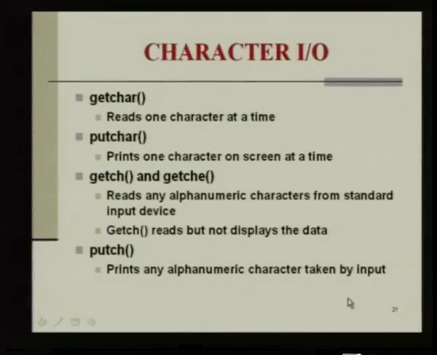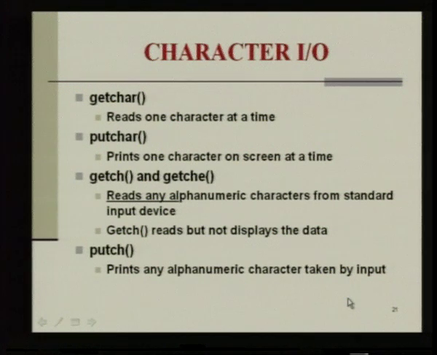Next you have getch and getche. Both of them do the same job of accepting characters, but these can accept both alphabets as well as digits. That is why they accept alphanumeric characters. The difference between these two is that they read alphanumeric characters from the standard input device. getche reads as well as displays the character, whereas getch only reads the data, it will not display the data. So, that is the difference between these two.